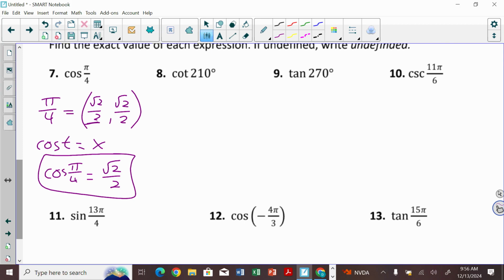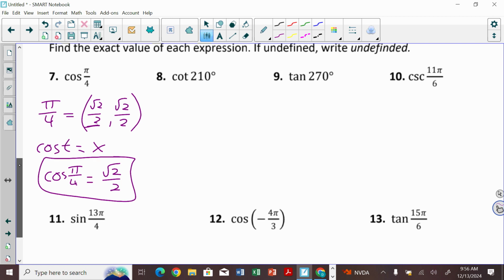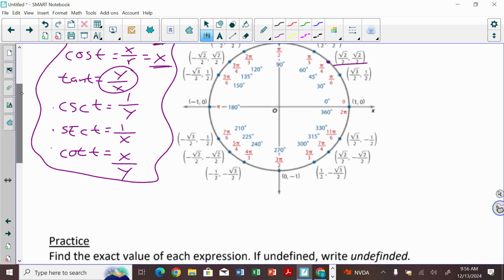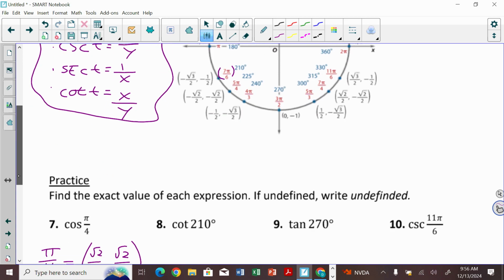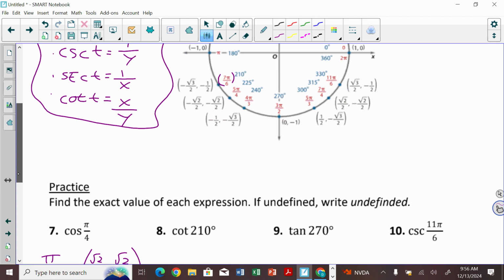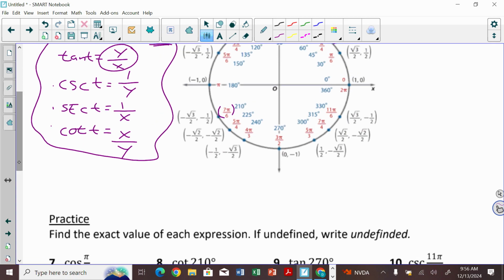Now it's a little bit different because we have cotangent. All right, so cotangent of 210. Here's where you kind of have to go back. And actually, the unit circle has 210 in there. So 210 is right here with 7 pi over 6. They're the same thing. If I look at that, that's going to correspond with this point right here.